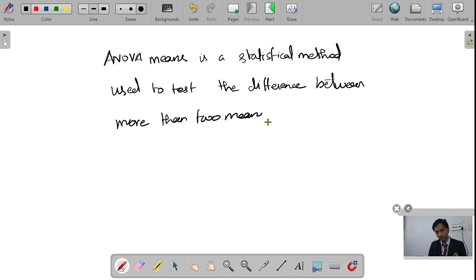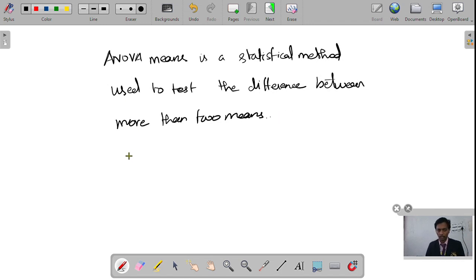This is the basic definition of ANOVA, which is called analysis of variance. In short, we say ANOVA.